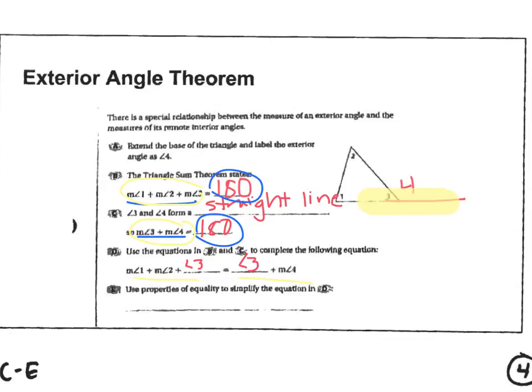So if I cancel out the angle 3 that's on both sides, because angle 3 is the same no matter what, I'm left with angle 1 plus angle 2 is equal to angle 4. So this exterior angle over here, angle 4, is equal to the two remote interior angles. Remote interior angles are the angles that are away from the exterior angle.